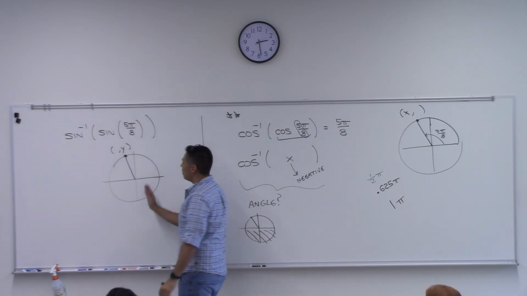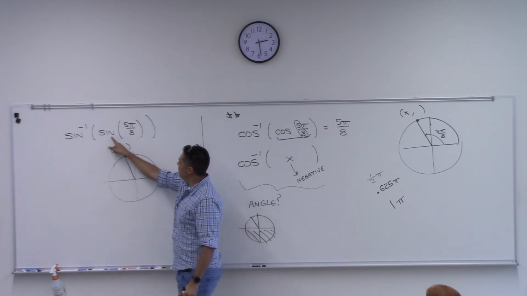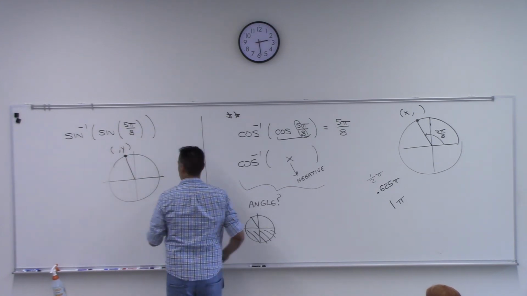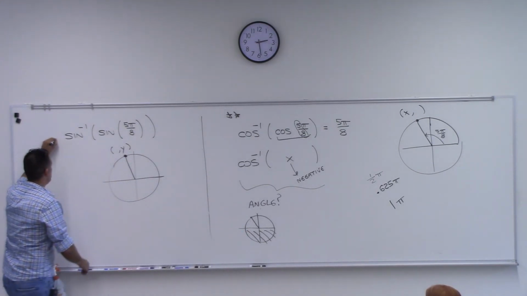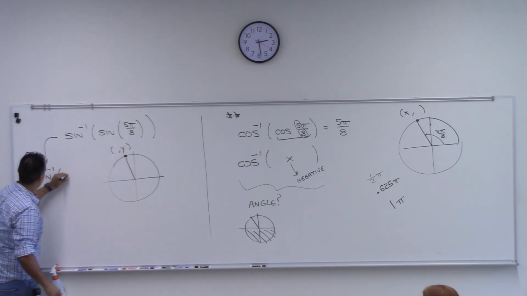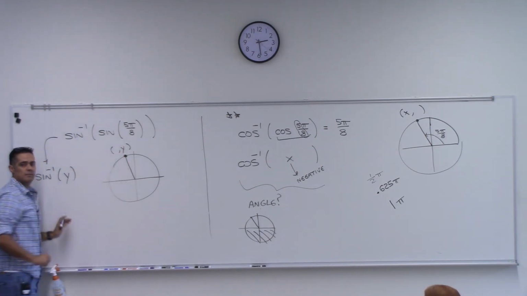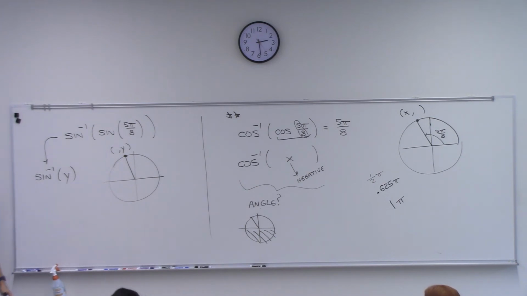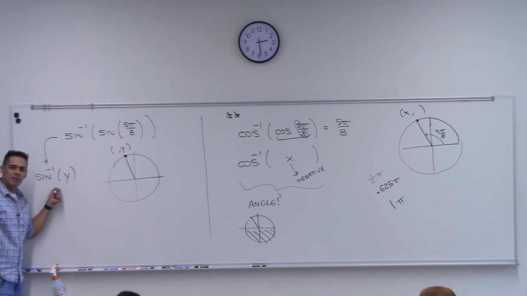This right here is that y coordinate. So let me write it right here. This now becomes sine inverse of that y coordinate, whatever it is. You with me? But when we do sine inverse, we can't live in the second quadrant, can we?